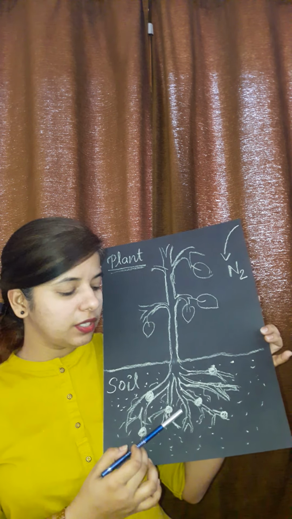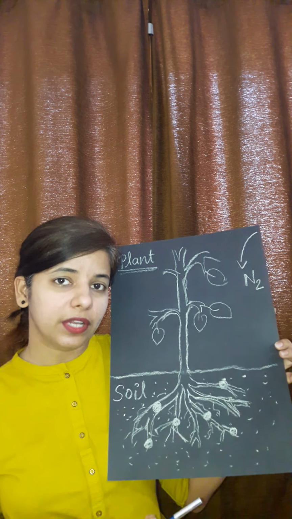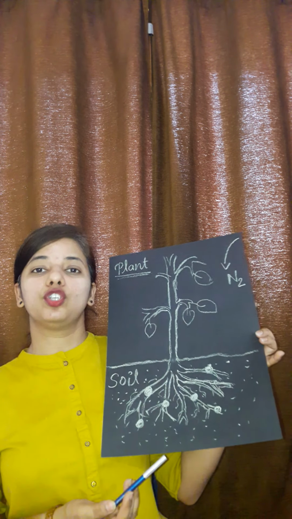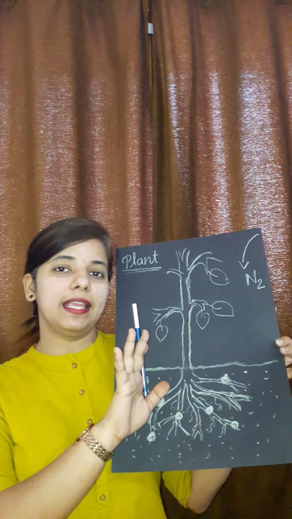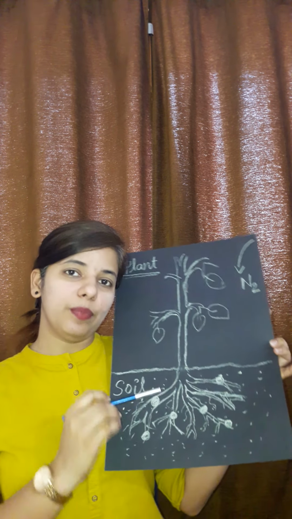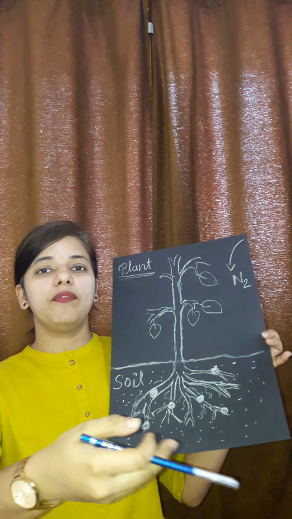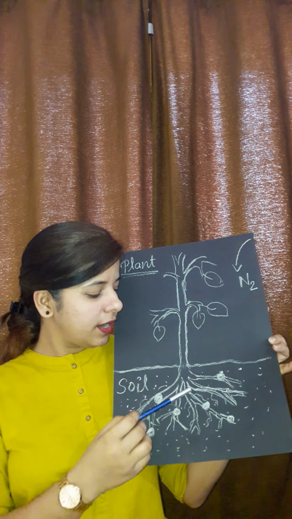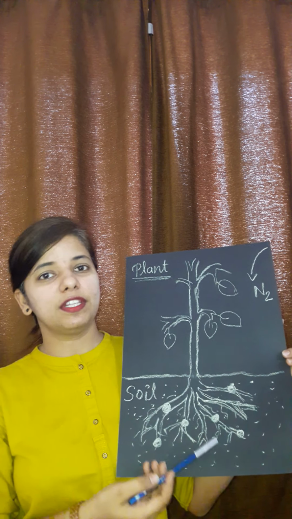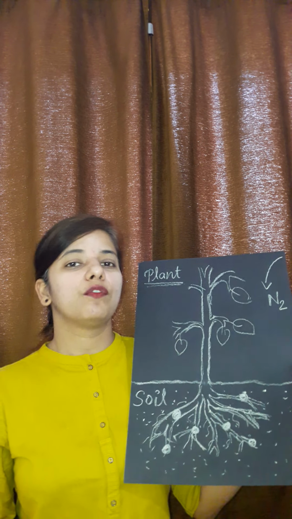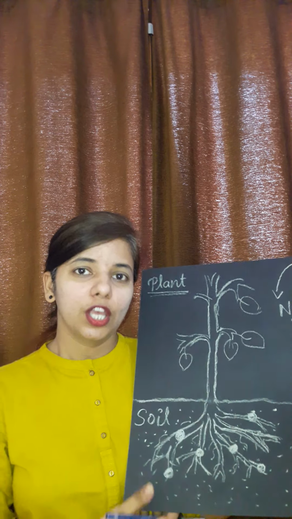So this relationship is called a symbiotic relationship, or mutual relationship, where both the organisms are not getting any harm, both are getting benefited. It is a kind of give and take relationship where the plant gives shelter to the bacteria and the bacteria gives some nutrients to the plant from the atmospheric nitrogen.